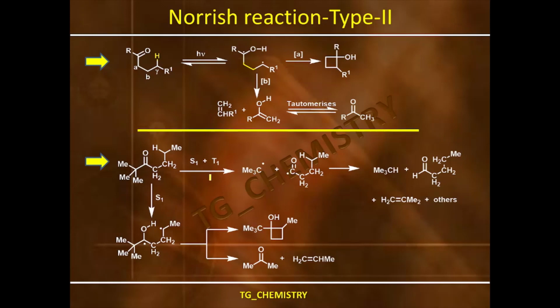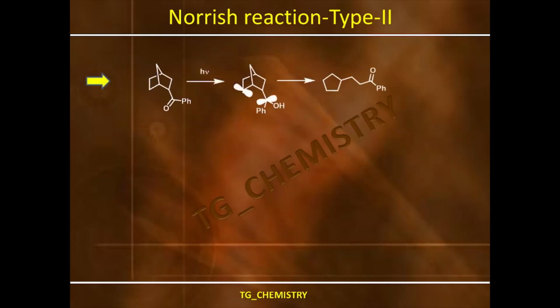So the alpha scission at the other side of the tertiary butyl group forms the more stable radical, eventually leading to isobutane formation. From this radical isobutane can form, and the carbonyl radical can abstract the gamma hydrogen and form the carbonyl compound. Olefin can be another of the products, and there can be other fractions or fragments as products in this photochemical reaction.